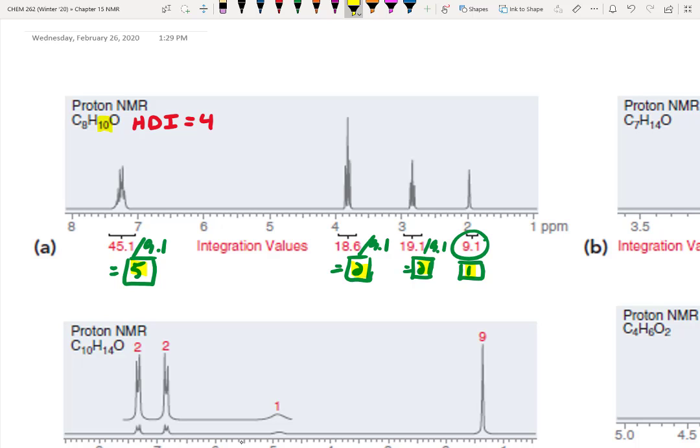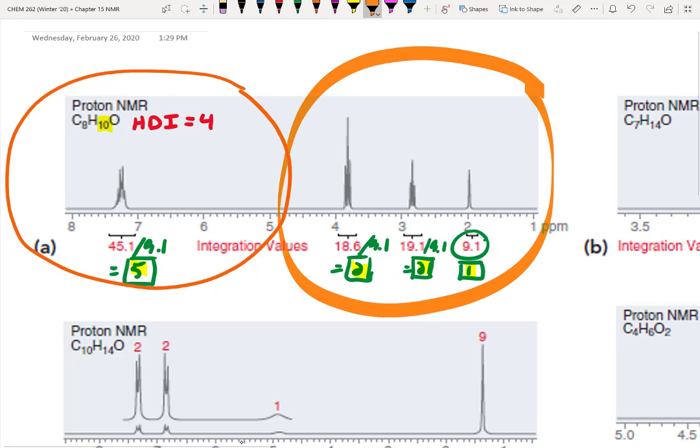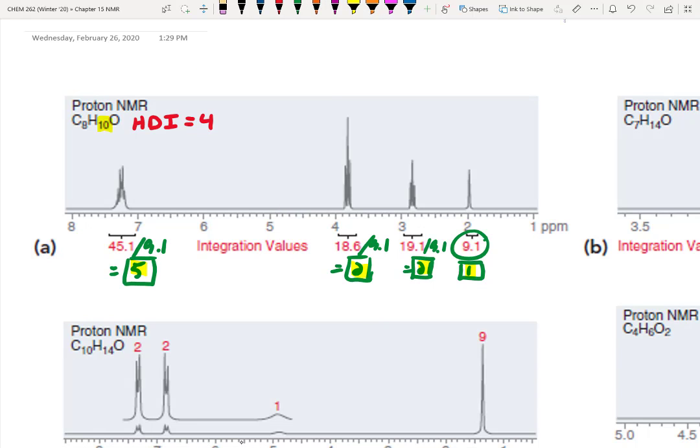Next thing I would do is I generally start out in this region of the NMR, primarily because this region over here can be a lot harder to interpret. So normally I kind of look in this region and I'd say, all right, this peak right here, it's about 7-ish. So what peaks normally show up in the 7-ish range?